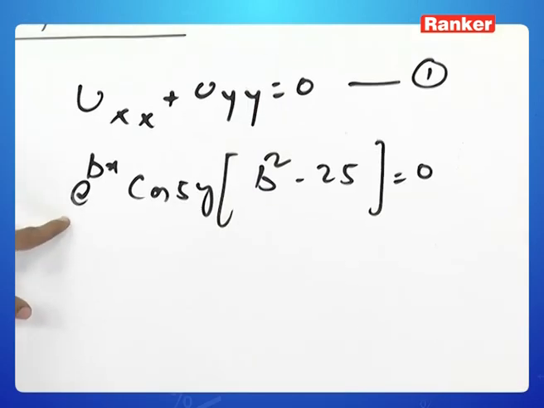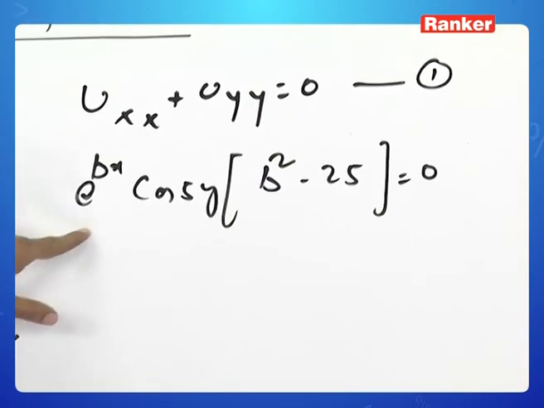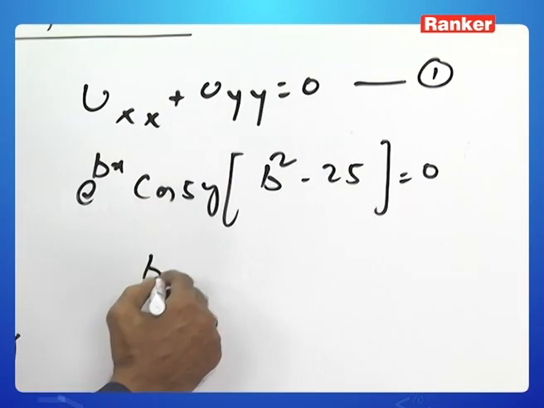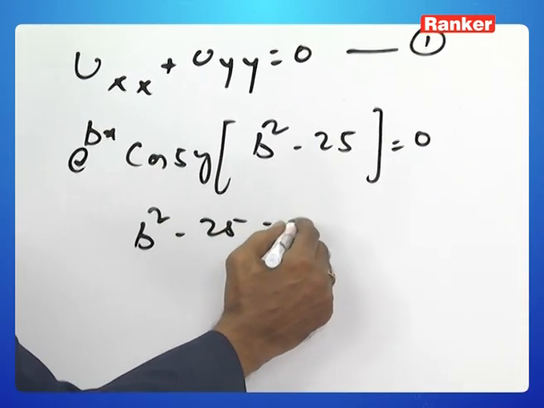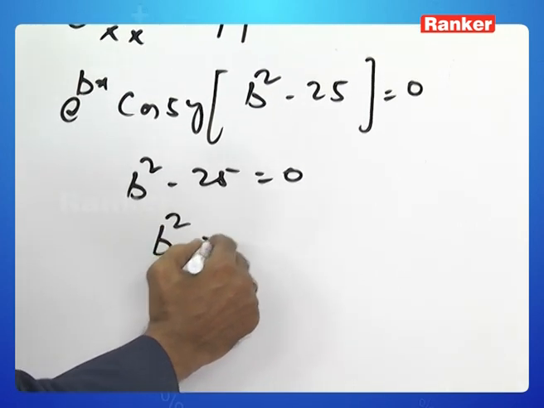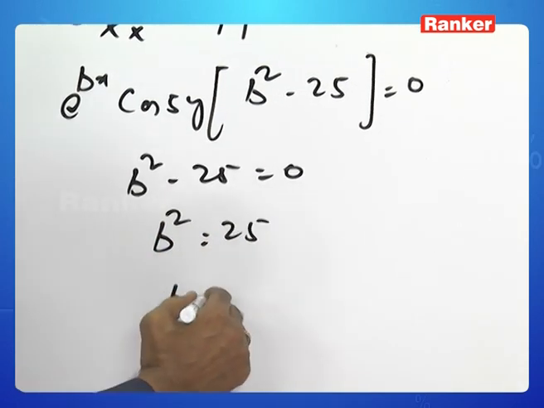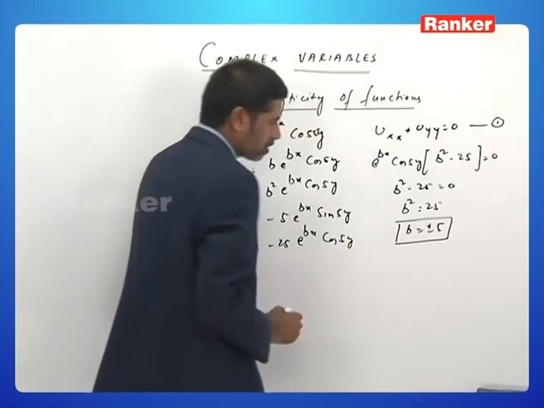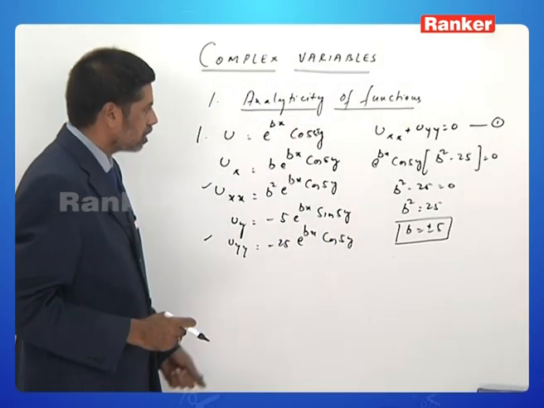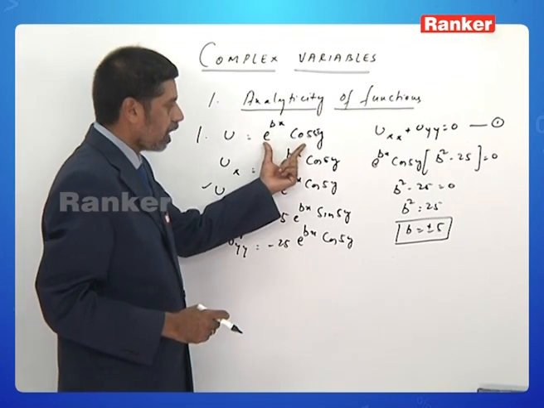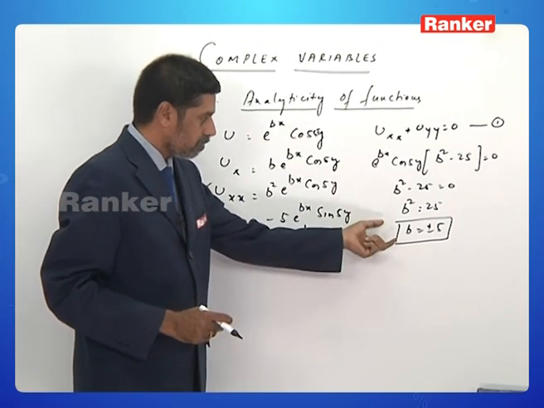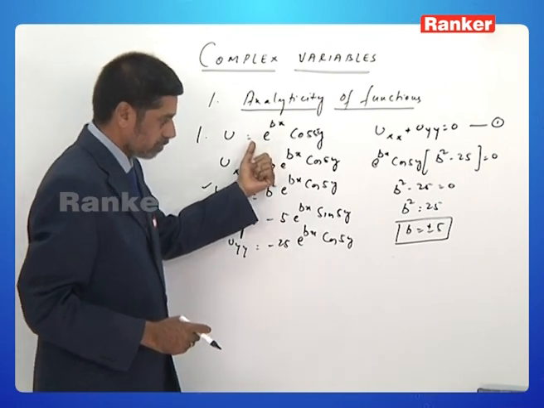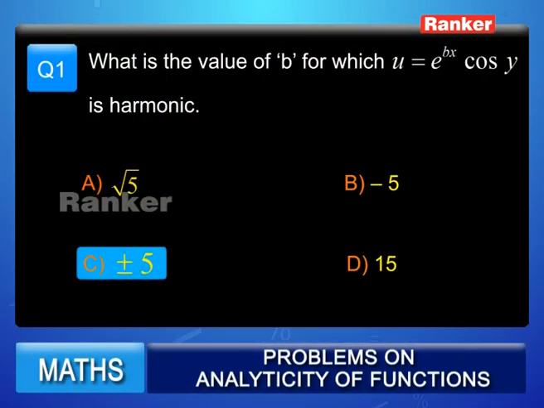Now, we know e power bx cannot be 0, but assuming that cos 5y is not equal to 0, b square minus 25 is equal to 0, b square is equal to 25, b is plus or minus 5. So, for this set of values, the given function will be harmonic. That means, for this set of values, this will satisfy the Laplace's equation. The correct option for this problem is C.